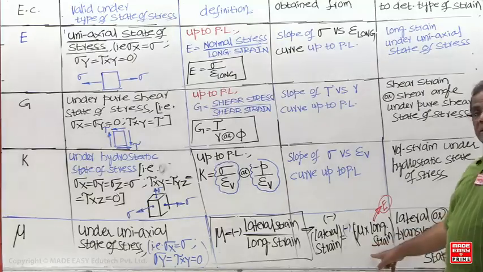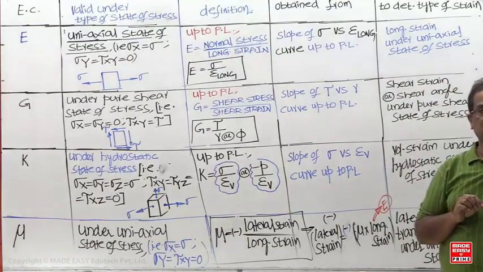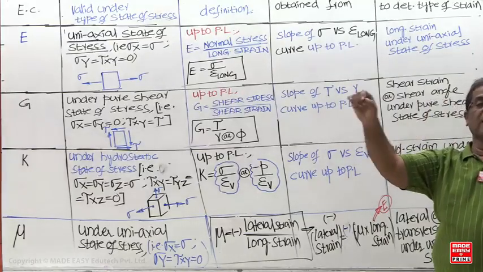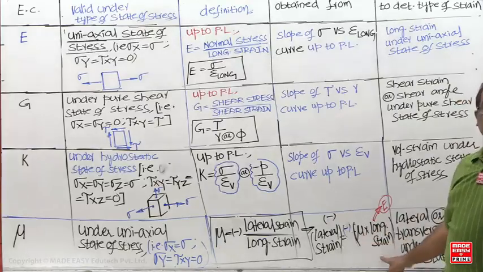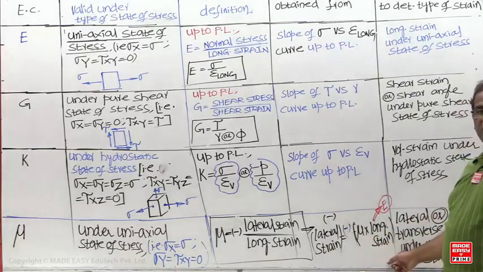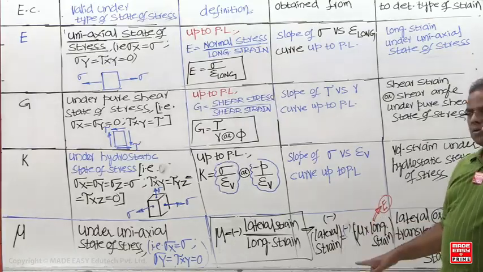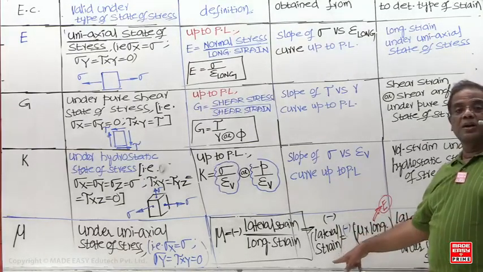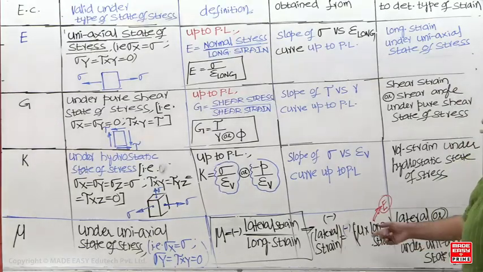In one of the papers it is given: lateral strain is determined by which elastic constants? First option Poisson's ratio, second option Young's modulus, G, E and mu. Both are required, so you have to write both E and mu. But if there is no option of E and mu, then you can go for mu. So overall, to determine the lateral strain, two elastic constants are required, both E and mu.